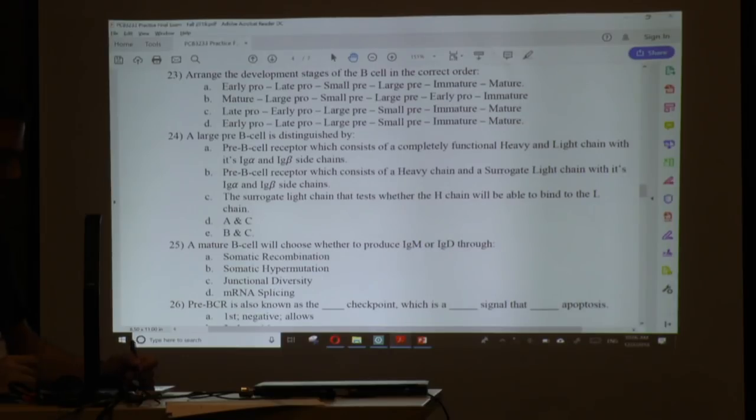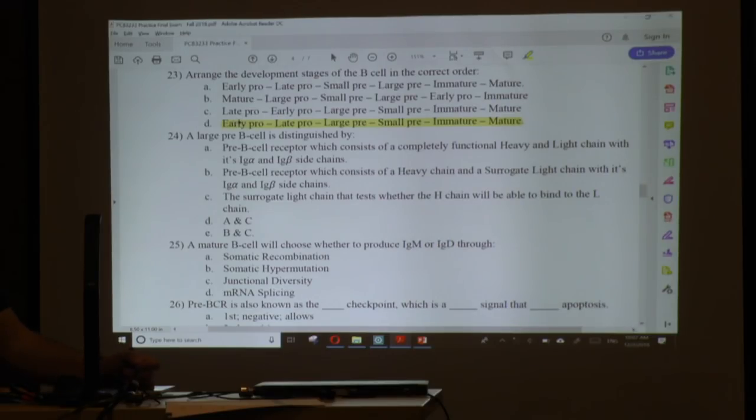Pro, right? So you have early pro, late pro, large pre, small pre, immature, mature. Right? Cool. Which stages do you work on your heavy chain? In the pro or the pre? Does anybody remember that? Which stages does the B cell work on the heavy chain? As a pro or a pre-B cell? Pro, right? Because you begin with a heavy chain.